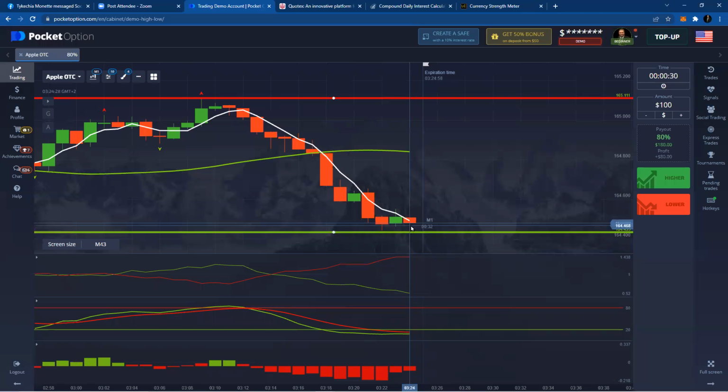So we have a wick down to the bottom and the body is right up on top. Okay, you see that? That is an indication, what is called a hammer, and it's an indication the price is going to switch. So it's going to reverse on itself.